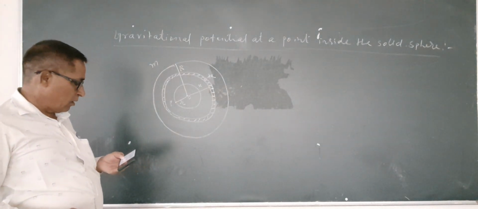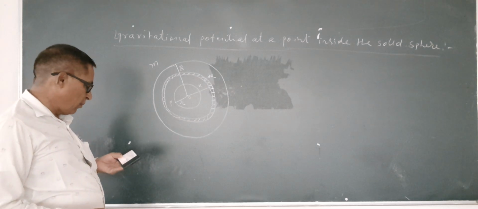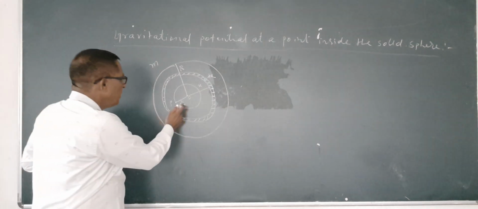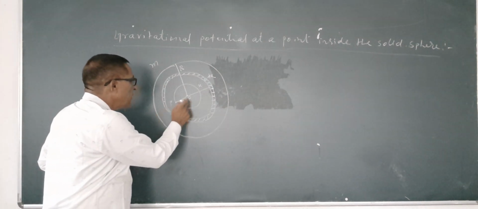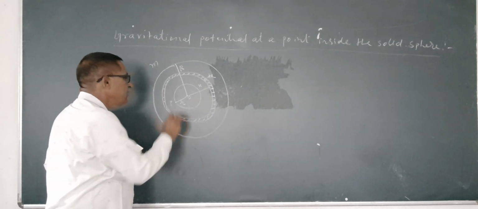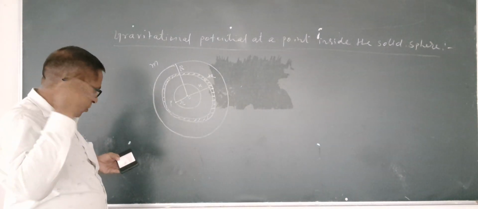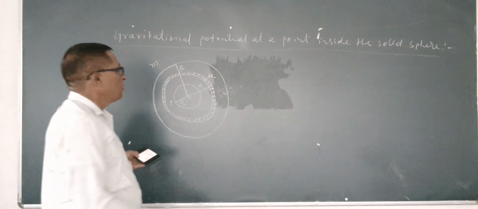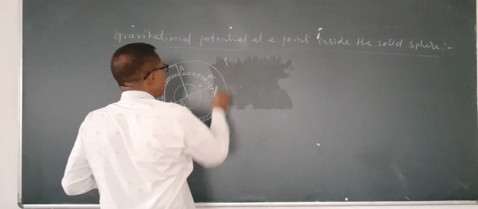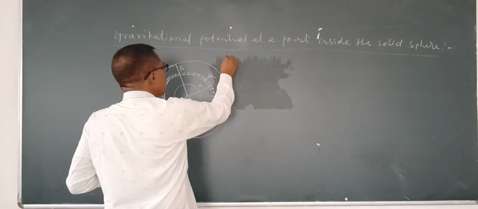The distance between the center O and point P is r. The volume density of the sphere is rho.